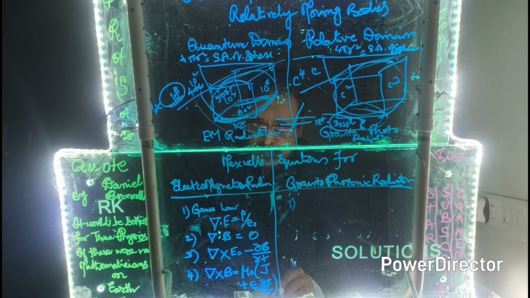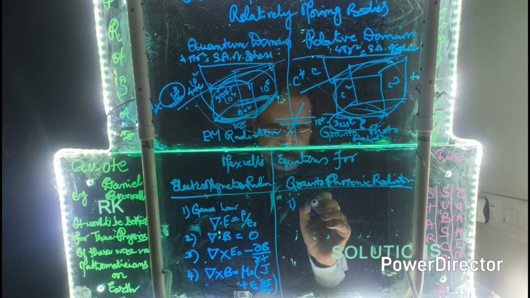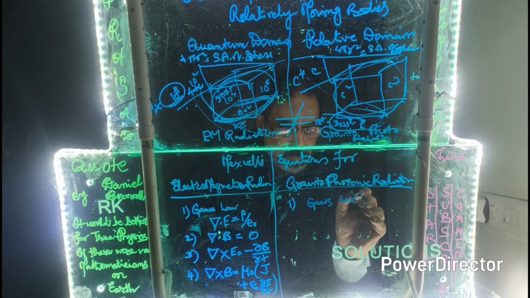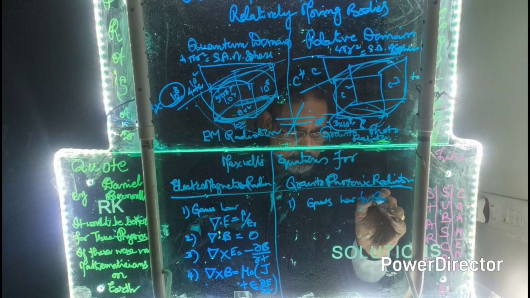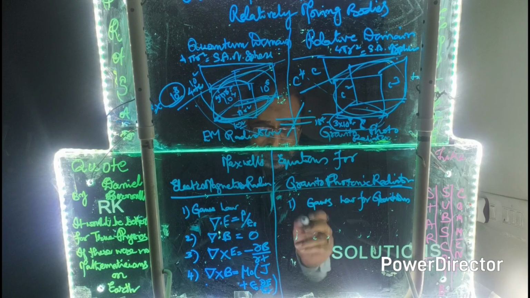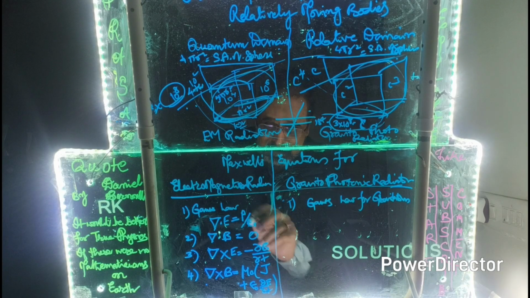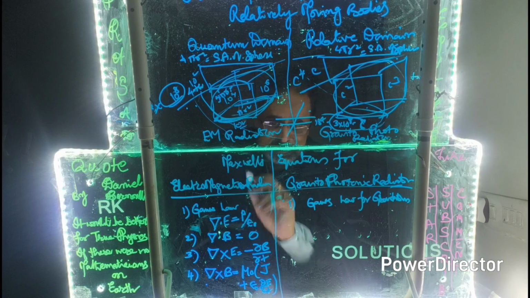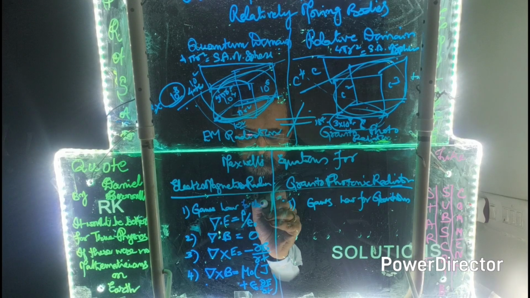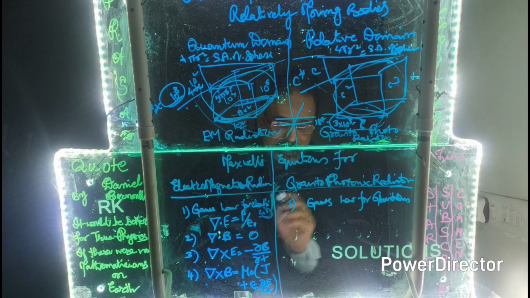So similarly, the first one for gravitophotonic radiation will be the Gauss law for gravitation. All along we had this Gauss law for gravitation, but we never used to pay attention to it as part of Maxwell's equations, because we considered only electricity.